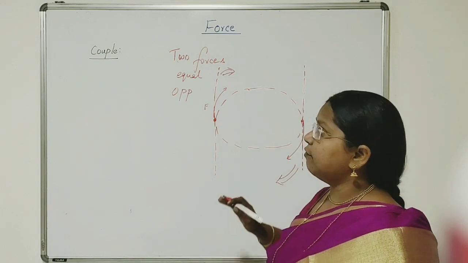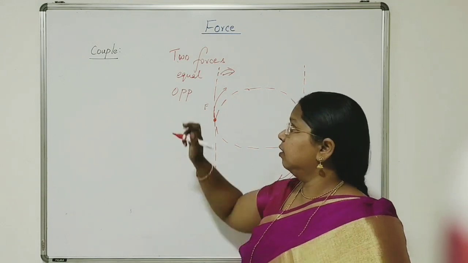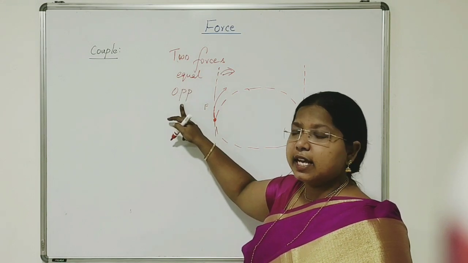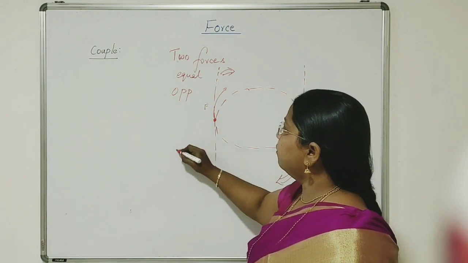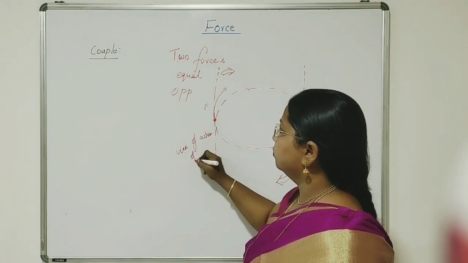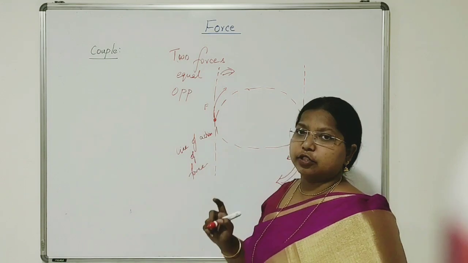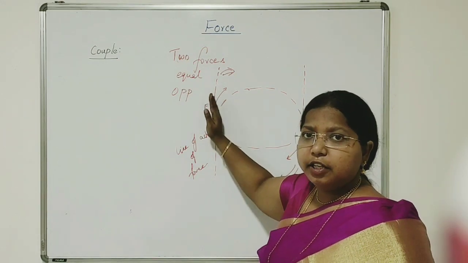So now coming to the definition of couple, a couple is two equal and opposite forces acting on two different lines of action of force. So these are the two different lines of action of force. The two forces are not acting on the same line, either here or here.